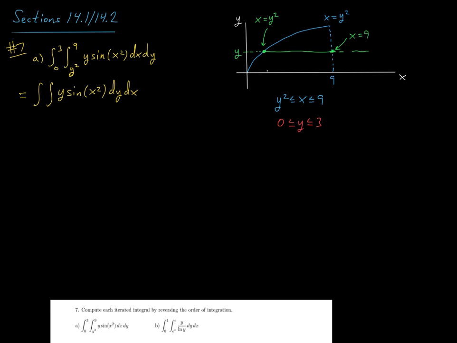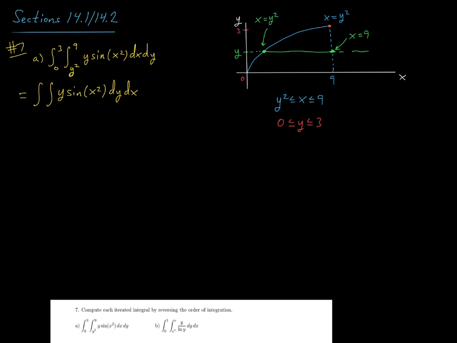And notice we're letting y vary from 0 to 3, and at this point here, if x is 9, then y, taking the square root of 9, would be 3. So we see that y goes from 0 to 3.